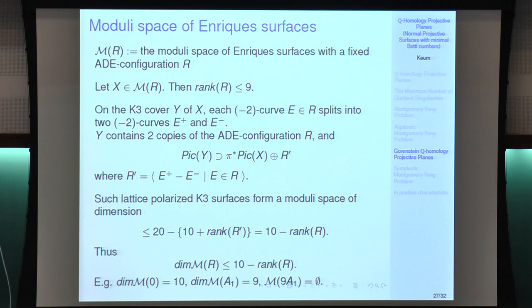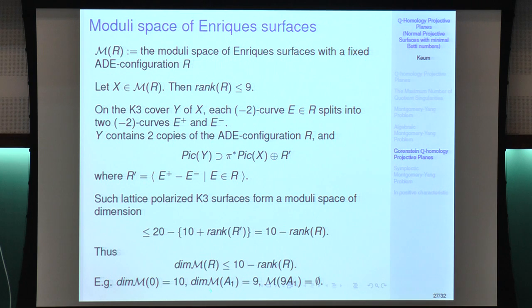But for example, 9A1, this is rank 9. So the dimension is at most 1, but actually this is empty. If there is such an NK surface, then you can contract to 9 singularities, which is already violated. We proved that here, the number of singular points is at most 5. There's no such thing.